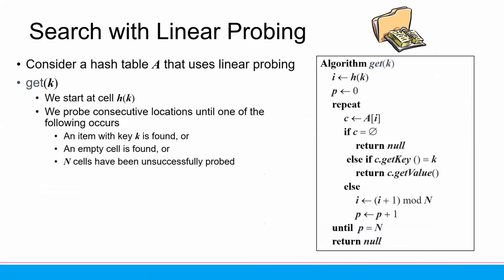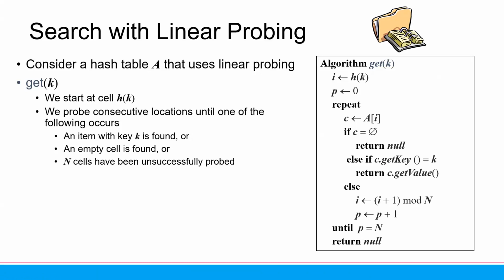The search with linear probing. If we have the HashTable that uses linear probing, you know that when you get a value, you need to search where is the key.